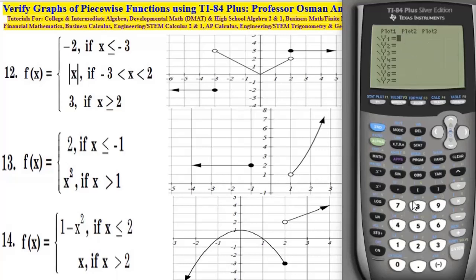So it is a constant 2, and this is valid when x is less or equal to minus 1.